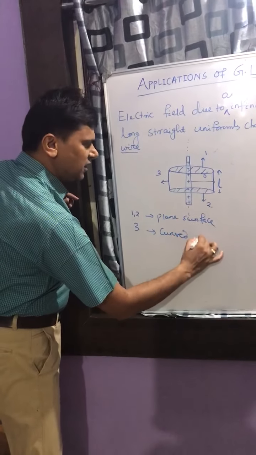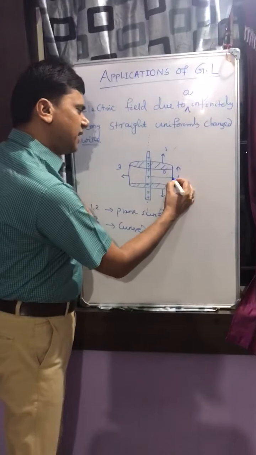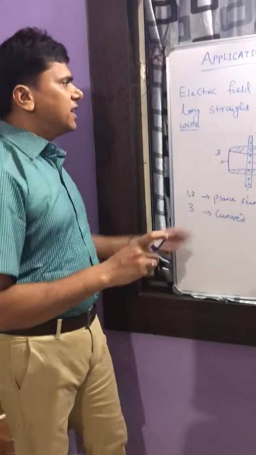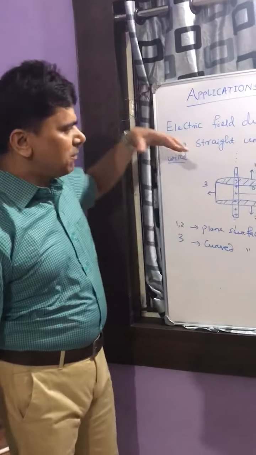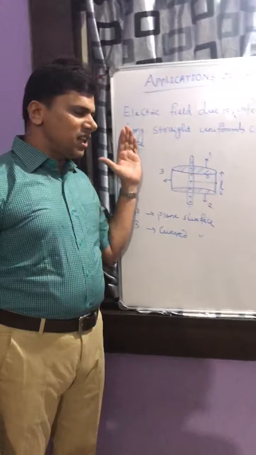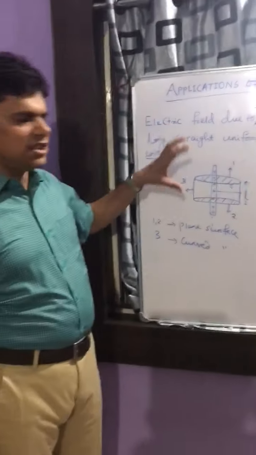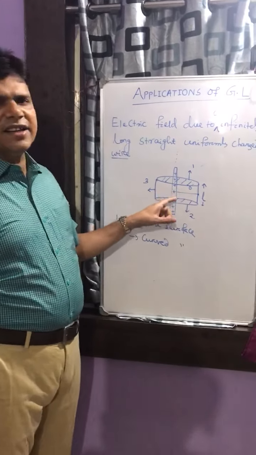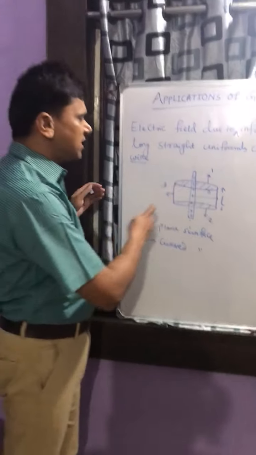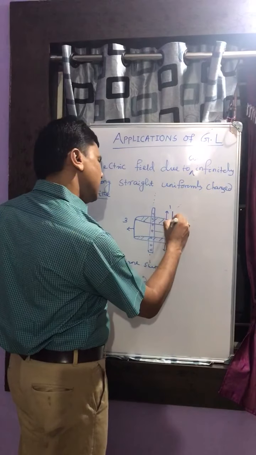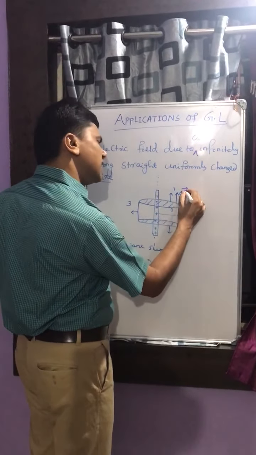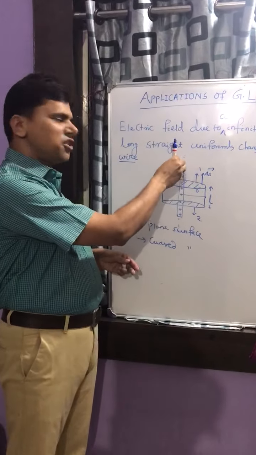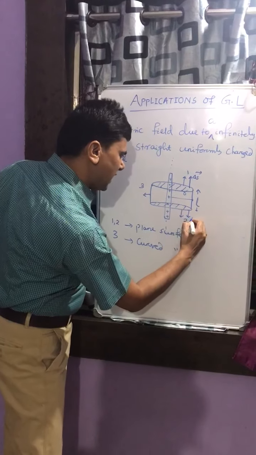Our purpose is to find the electric field here. To calculate that, we are taking the help of the Gauss law. To apply Gauss law, I have taken a Gaussian surface in the form of a cylinder of length L and radius R. So it has three surfaces. If you go to surface 1, at every point the direction of delta S will be like this, because it is always along the outward drawn normal, and here also it will be like this.